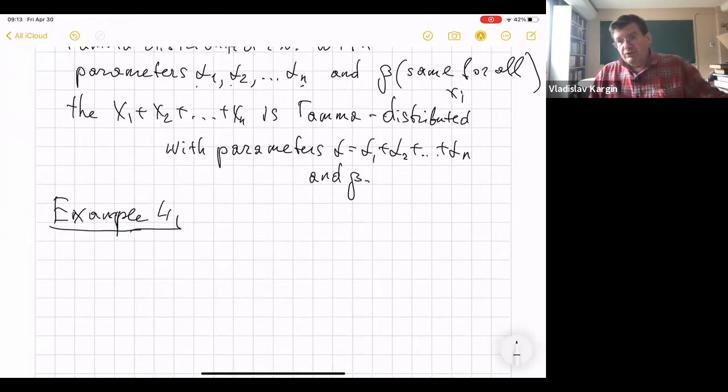And so in this case, you're calculating not the density of the sum, but the probability mass function of the sum. But you're just calculating the distribution of the sum of the random variables.